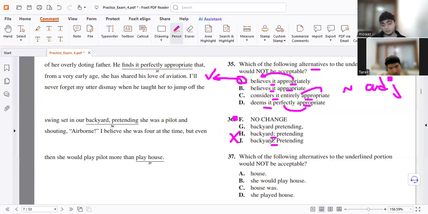Everything the same. So grammatically, both of them are correct. But how can both be correct for one question? We must follow the rules. What? Complete sentence, comma, present participle phrase.